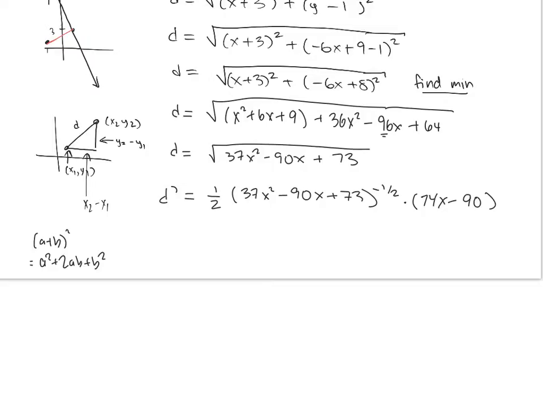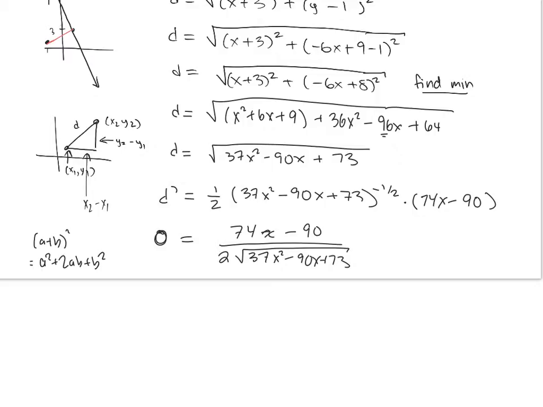What do you set the derivative equal to? 0. So I'm going to do that. So 0 equals 74x minus 90 over 2 root 37x squared minus 90x plus 73. You could divide the 74 and 90 both by 2, but I want to leave that 2 there just to show you an easier way to do this problem in the future.